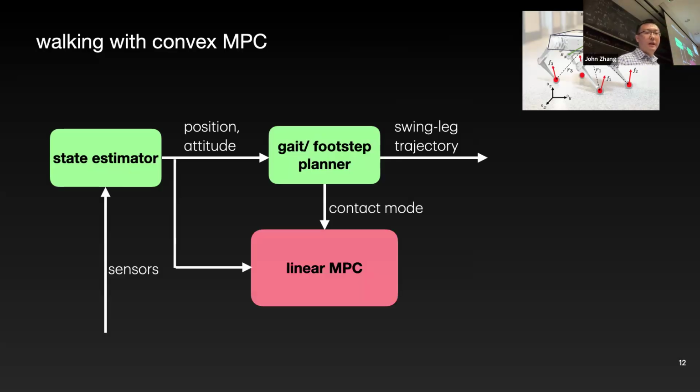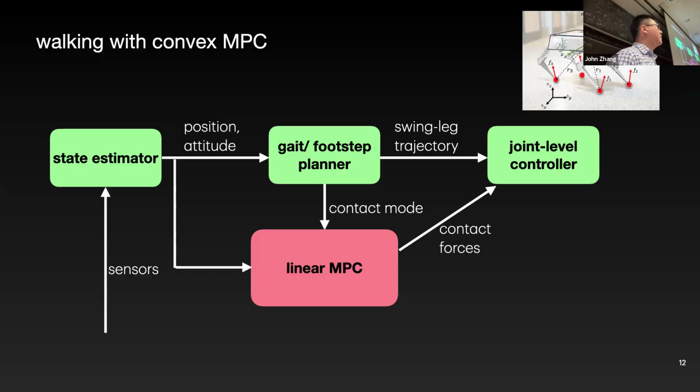And finally, the MPC solver takes in the state estimate from the estimator and the contact mode. It solves the convex MPC problem, which is the quadratic program that we saw earlier. It gives you a set of contact forces that you want in the future to balance the robot, track a certain velocity, that sort of thing.